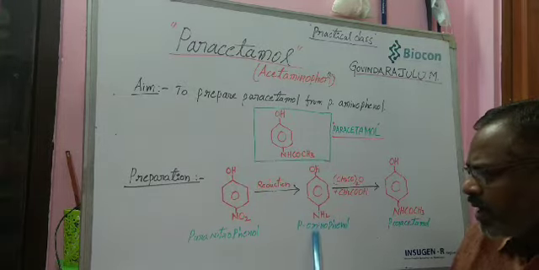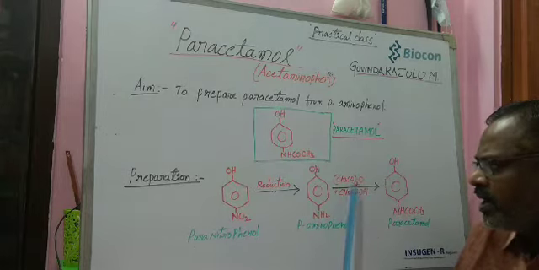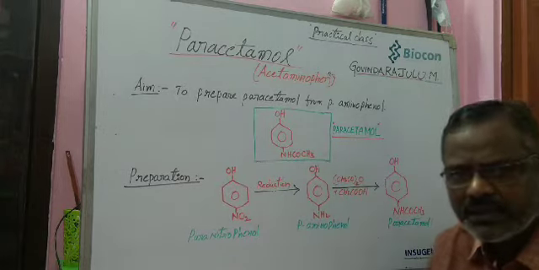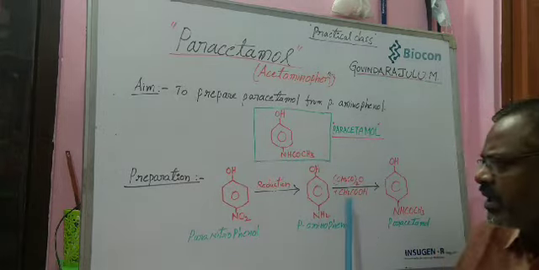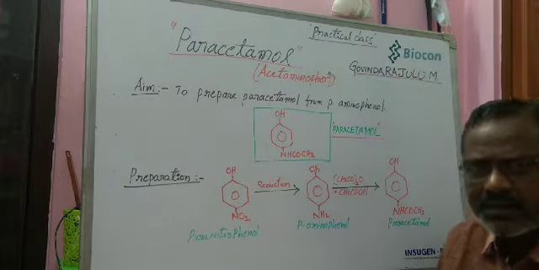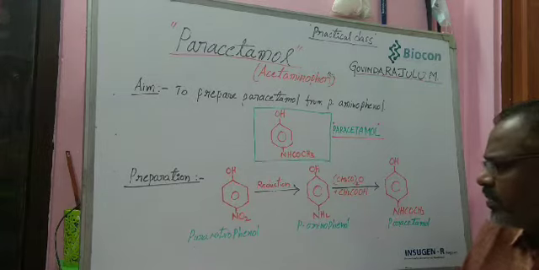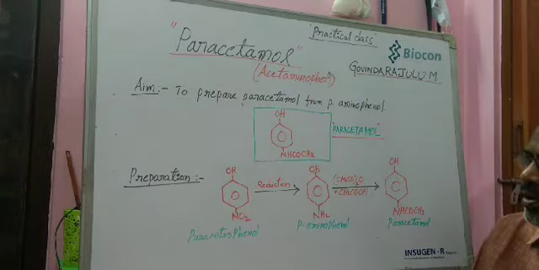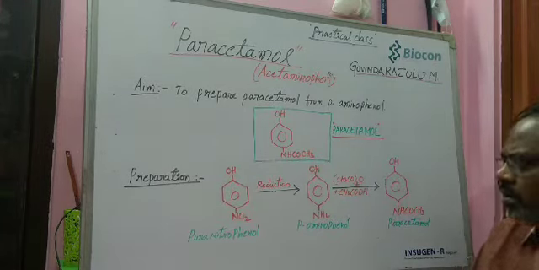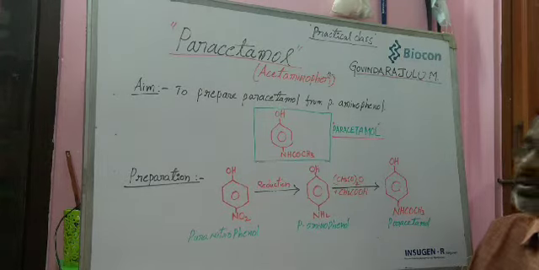To the formed para-aminophenol we add acetic anhydride or glacial acetic acid. It undergoes acetylation and finally gives paracetamol.